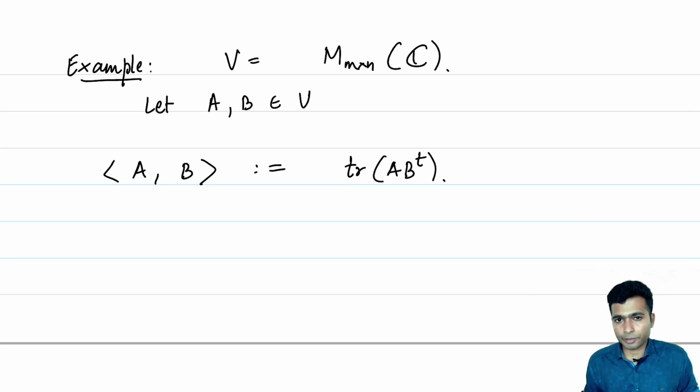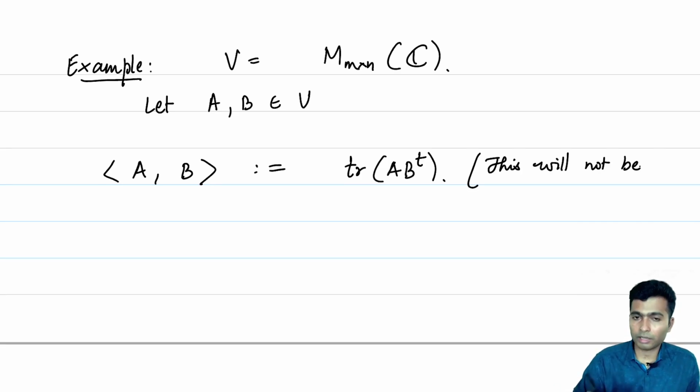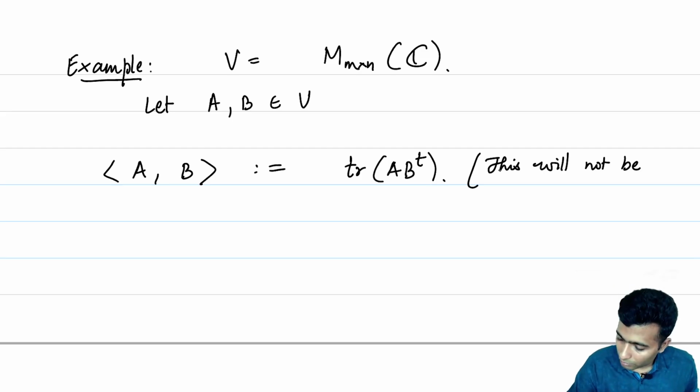But the same problem is again going to come up here. The fact that the conjugate is not being involved is going to be a problem. You should check that this will not be an inner product because it's a complex vector space. The conjugate linear property will break down. Even the positivity will break down.